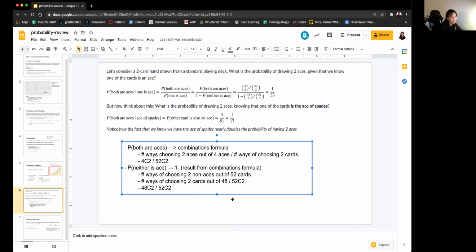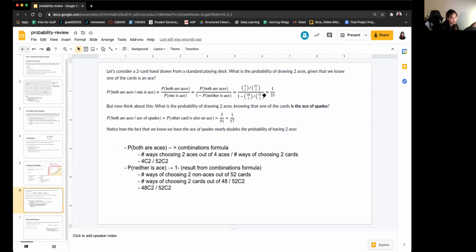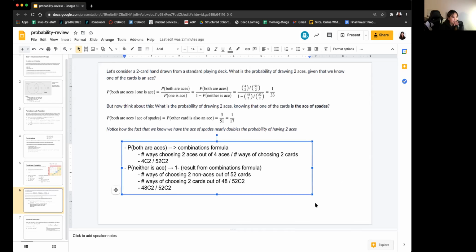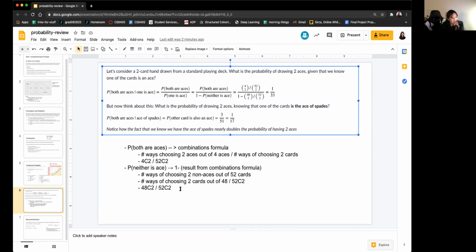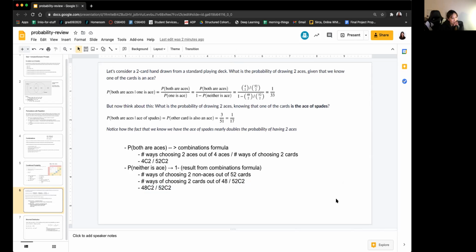Logically, you have 48 non-aces out of 52 cards, and then one non-ace is gone, so you have 47 out of 51. Yeah, that's a good point. And for the numerator also, it's possible to go similarly. Yeah, for sure. Because once you do this, the denominators cancel out anyways, and then you end up with the same result.